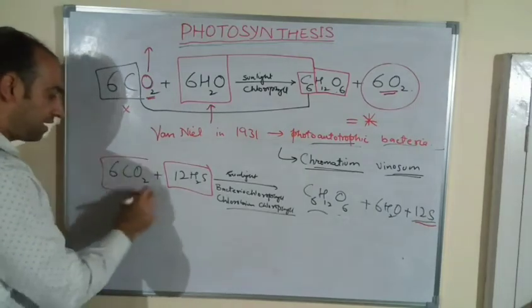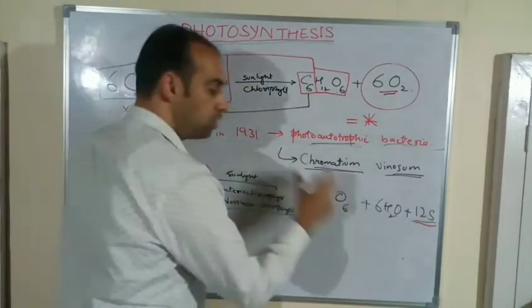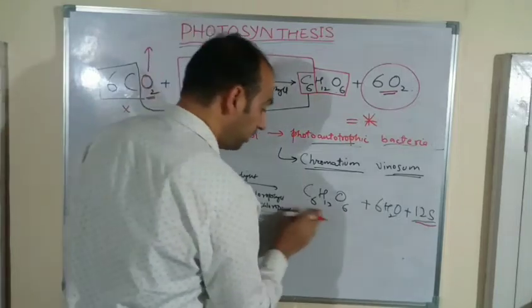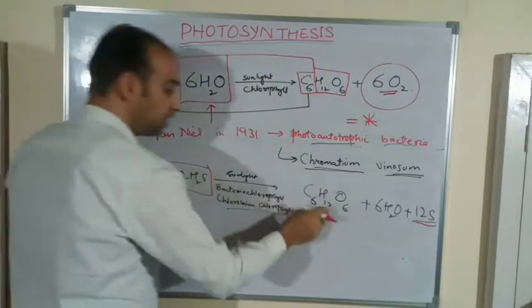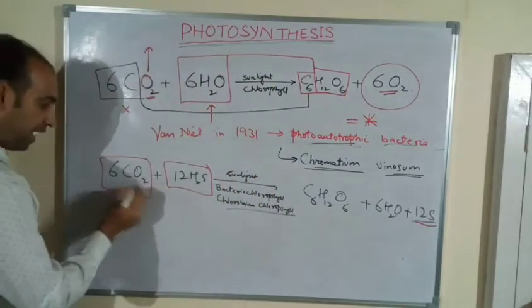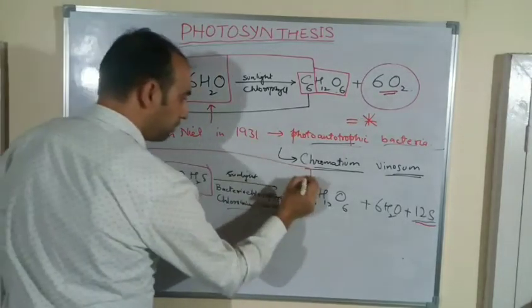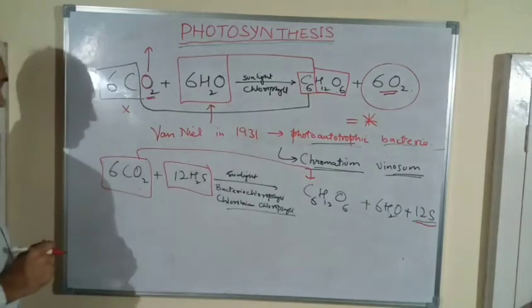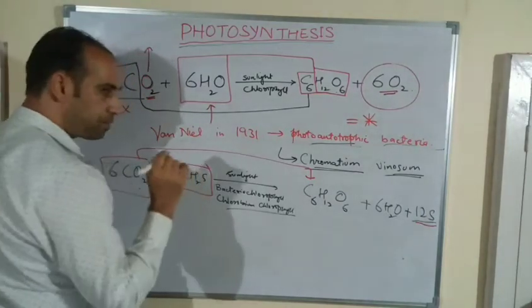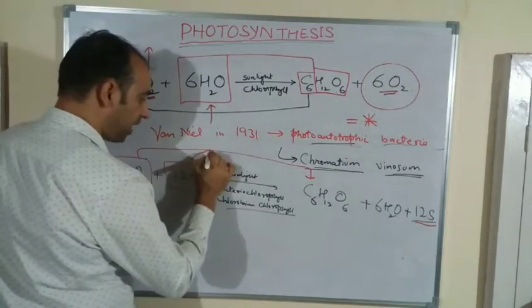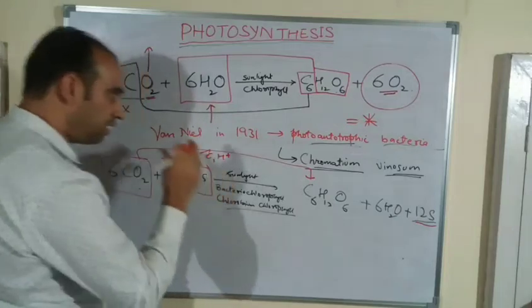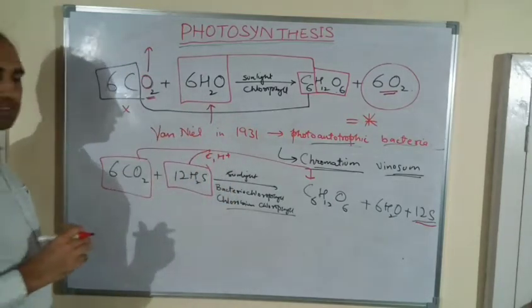Here, carbon dioxide is reduced into the sugar molecule, the carbohydrate. The electron and proton for this reduction are provided by the hydrogen sulfide.